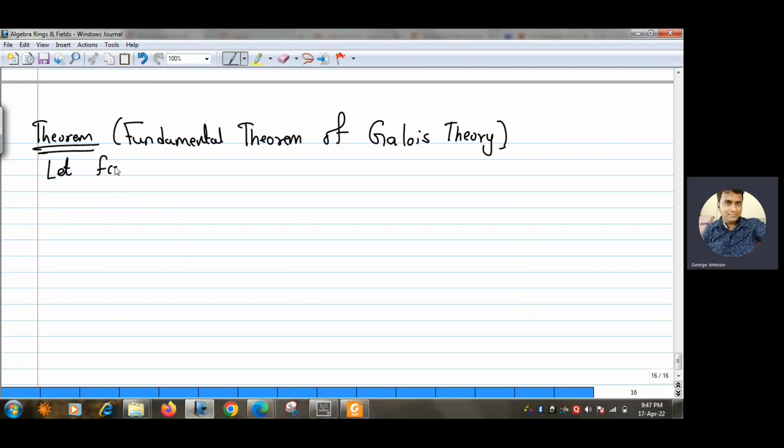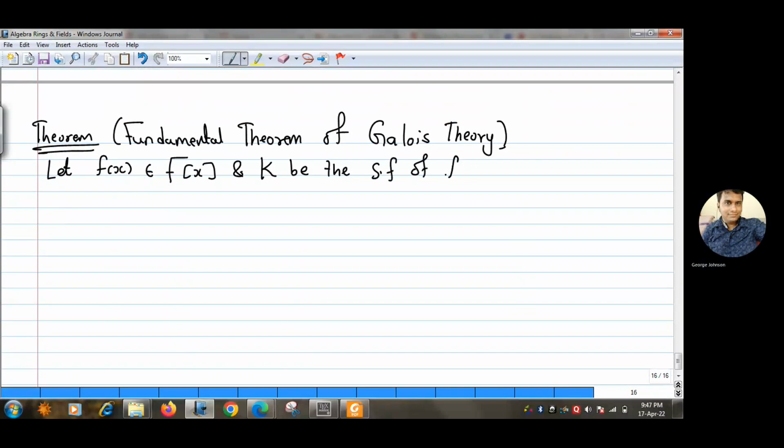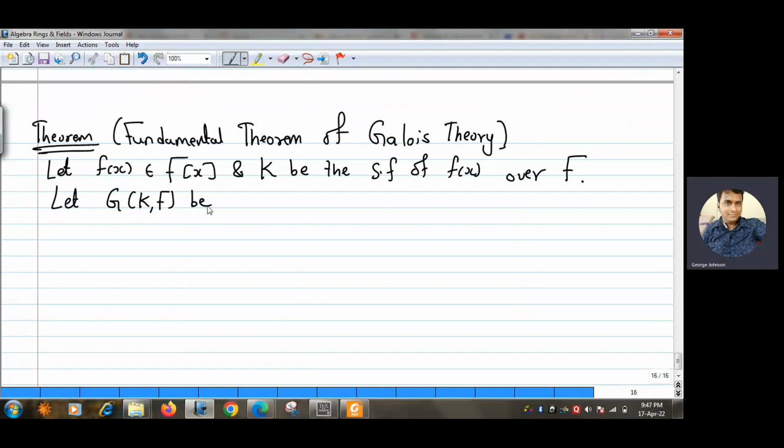Let f of x be a polynomial in F[x] and let K be the splitting field, written in short as SF, the splitting field of f of x over F. Let G(K/F) be the Galois group of f of x over F.